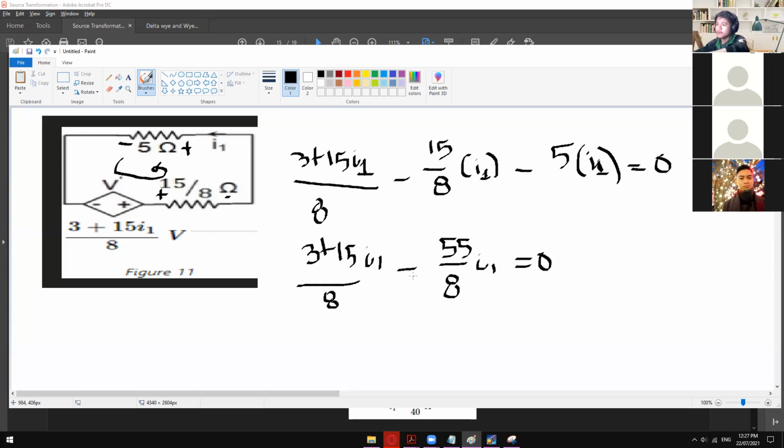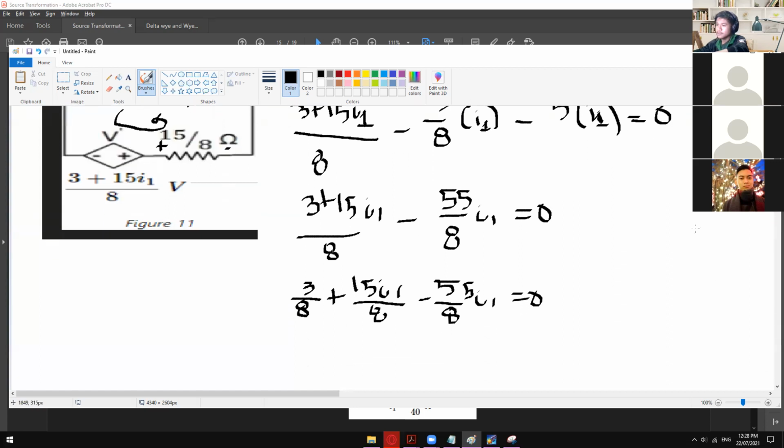Okay, and then from here we can separate this one into two since they have the same denominator. 3 divided by 8 plus 15 I sub 1 divided by 8 minus 55 divided by 8 I sub 1 is equal to 0.